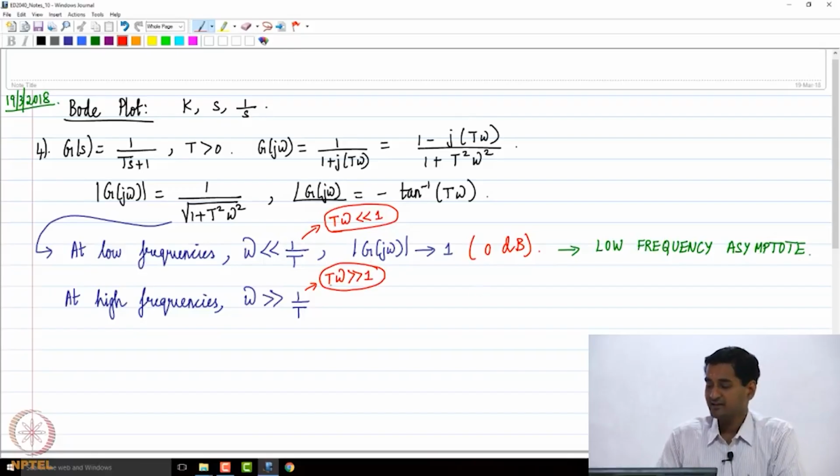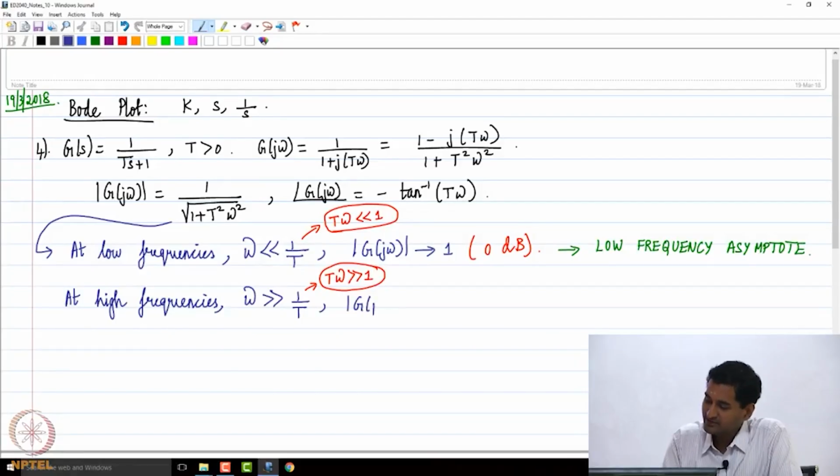Let's say T omega is 10 power 2, let's say 100. T squared omega squared is going to become 10 power 4. So what can you say about 1 plus T squared omega squared? It's 1 plus 10 power 4, that's almost 10 power 4, right? So I can approximate 1 plus T squared omega squared as T squared omega squared itself. So what's going to happen to this magnitude?